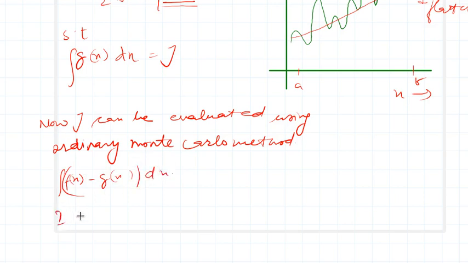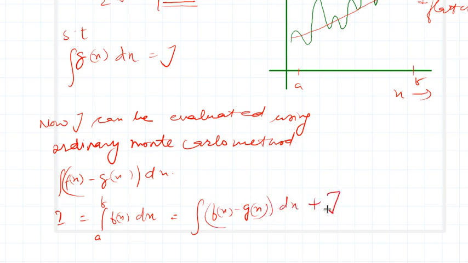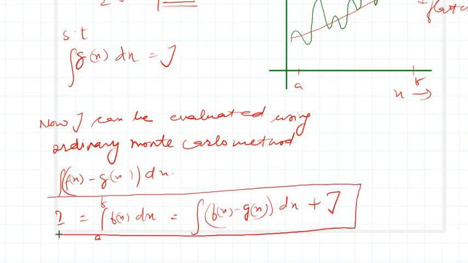Therefore, the integral from a to b of f(x) dx can be written as the integral of f(x) minus g(x) dx plus J. So thus a given integral can be evaluated using the flatter function, right?